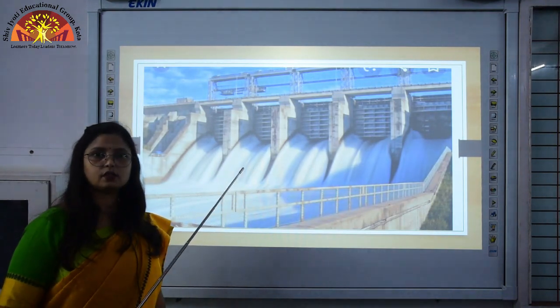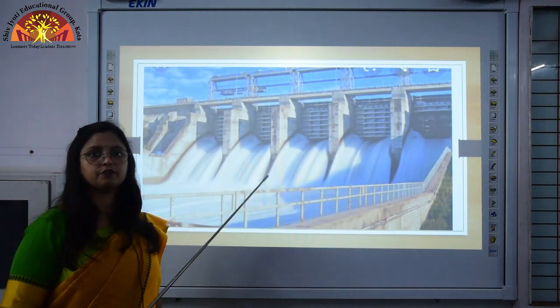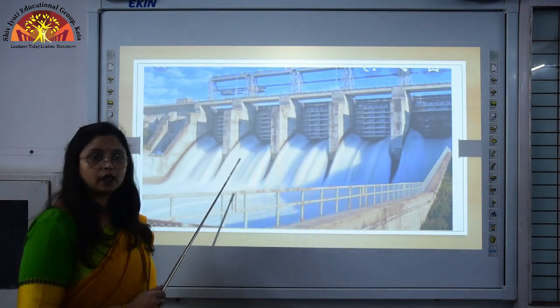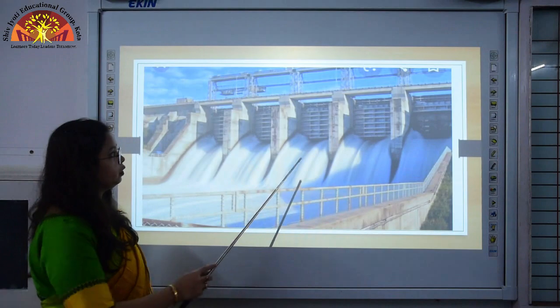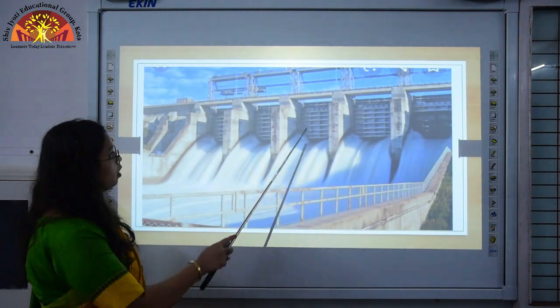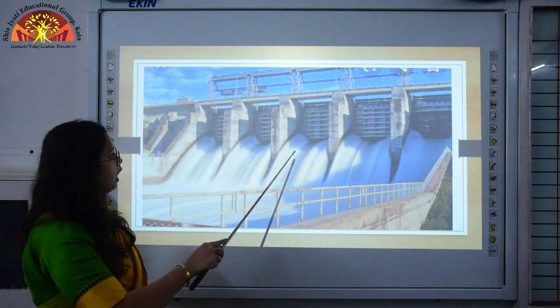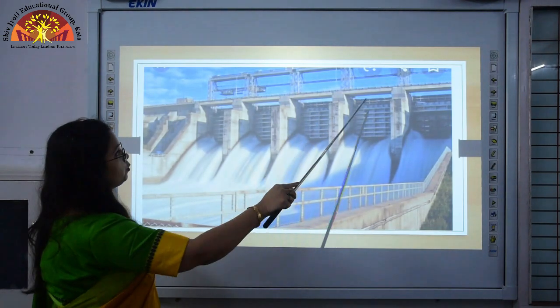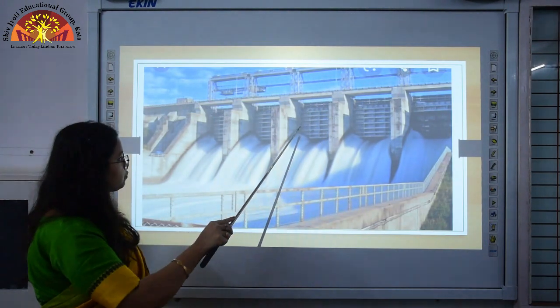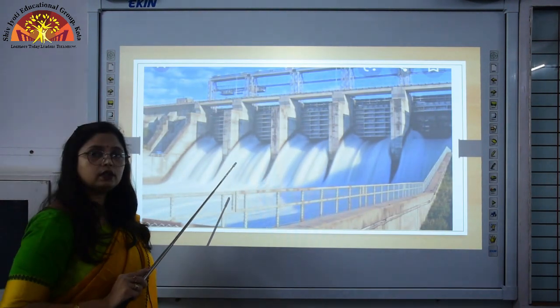You might have visited Kota barrage. Over here we have different dams in our city. Okay, so one of it is Kota barrage. If you have visited over there, you might have seen this type of arrangement. It is called as dam. Here water is falling from the height, and what is there on the opposite side of it? Water is stored. Now when it falls from the height, it falls on the turbines.